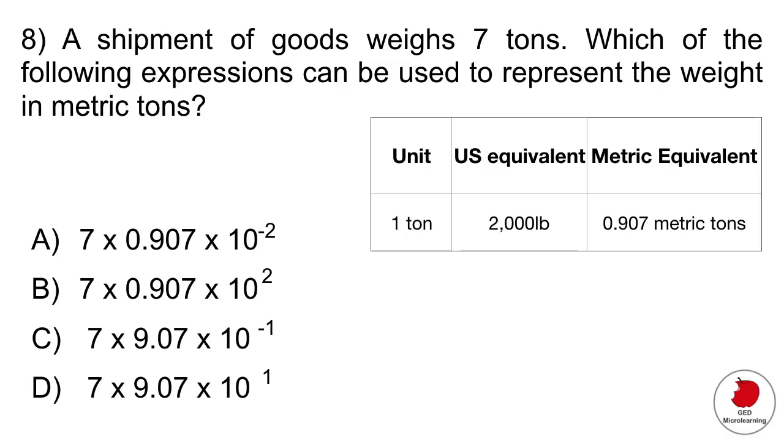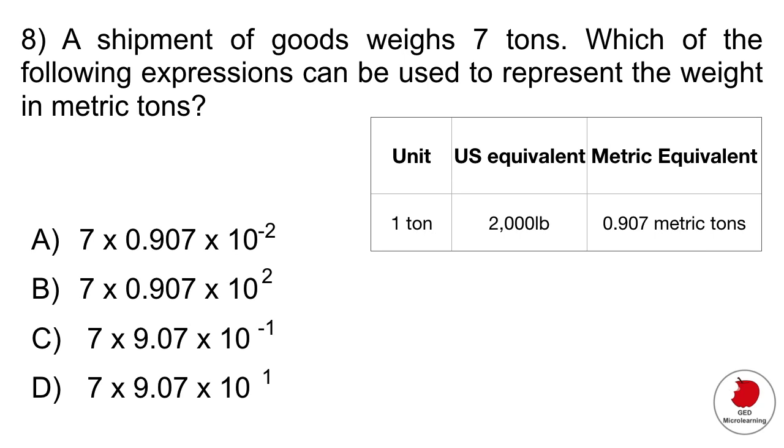All right, so this question involves scientific notation. It's telling you a shipment of goods weighs 7 tons, and it asks you which of the following expressions can be used to represent the weight in metric tons. And here it's telling you that 1 ton is equal to 2,000 pounds in US measures.